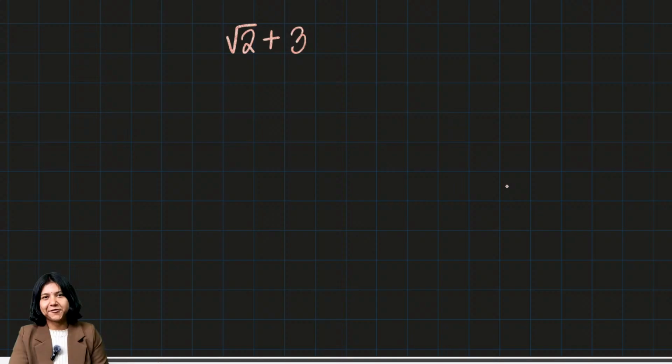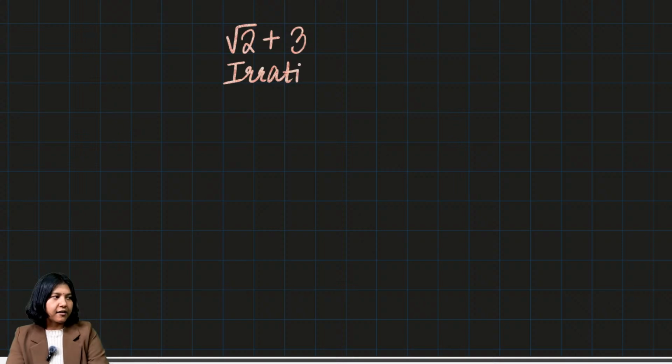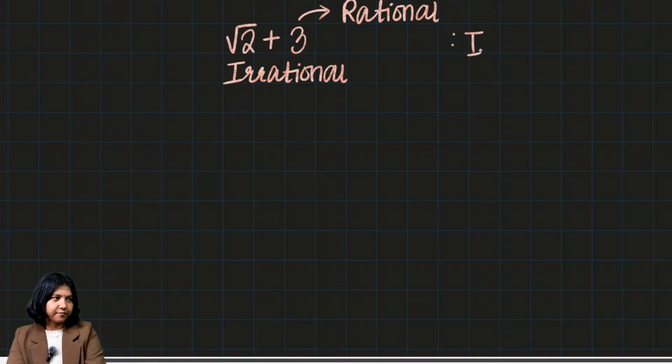This is the kind of question they ask from this section, which is kind of easy to answer, because if you're adding an irrational value, this is irrational. If you're adding irrational to rational, then the result is always irrational. It's like if you are adding odd plus even, then the answer is always odd.